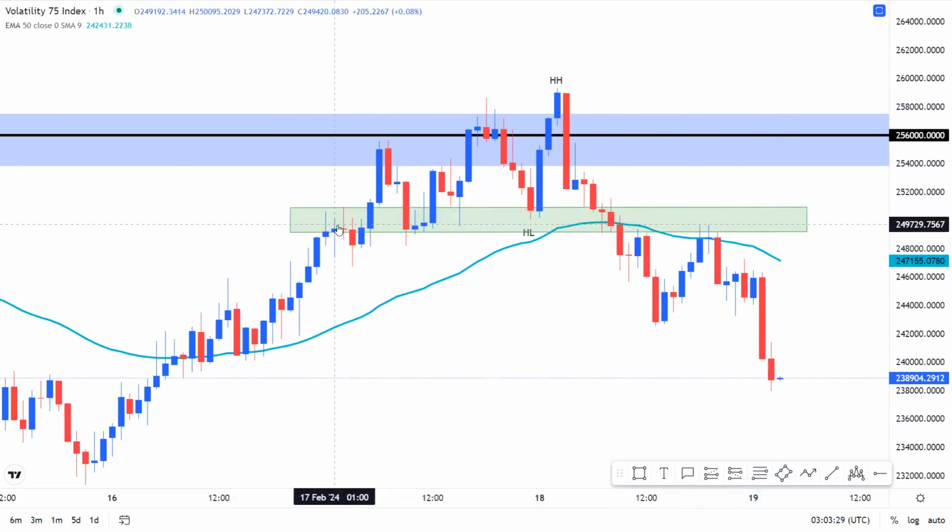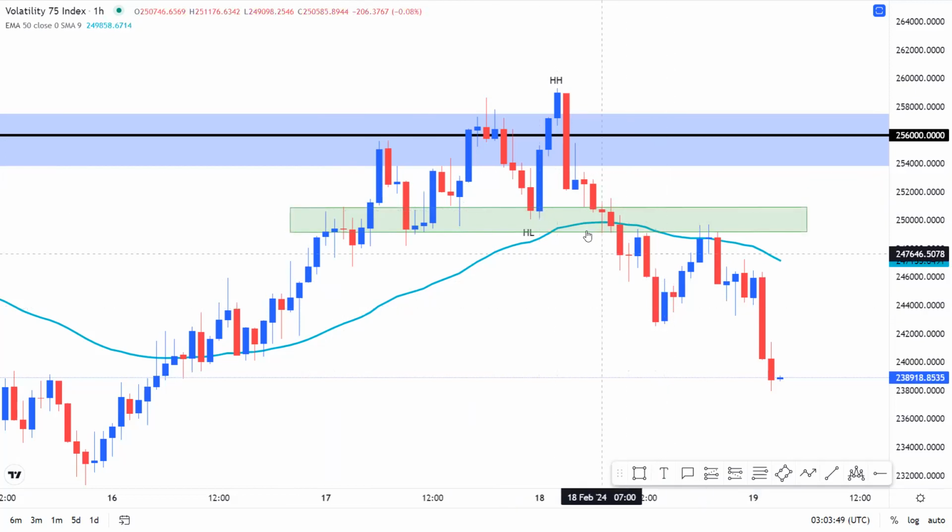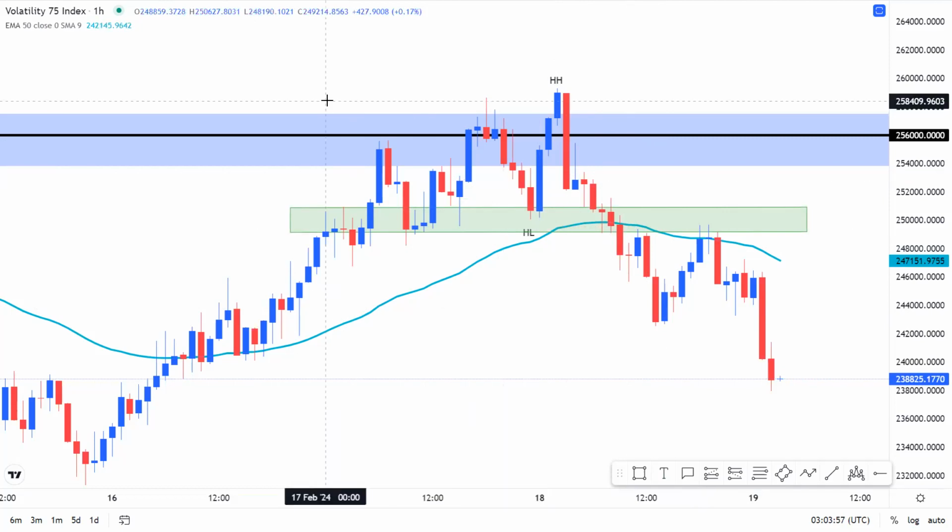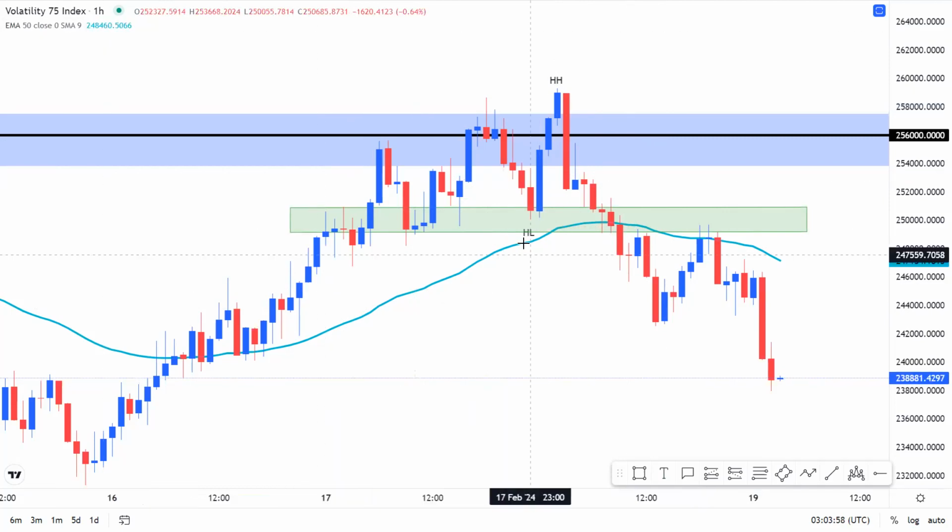Looking to the left, you can see how the level is a structured level. Right here as a resistance, when we're beneath the level, support, support. And then we traded, breaking below the level, shifting the market structure now from bullish to bearish.